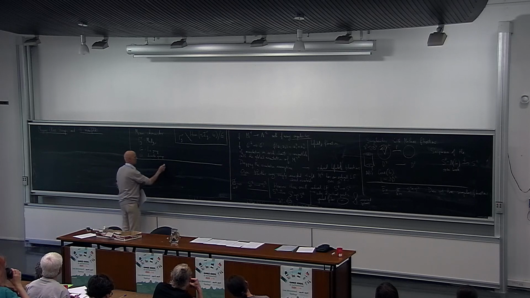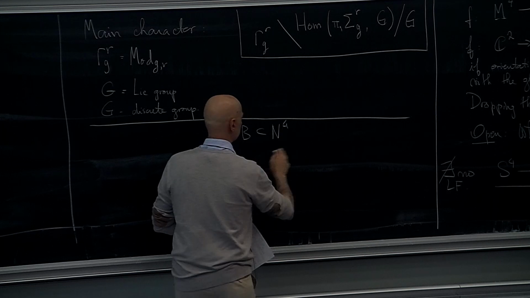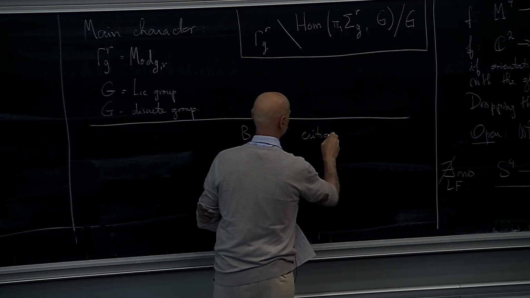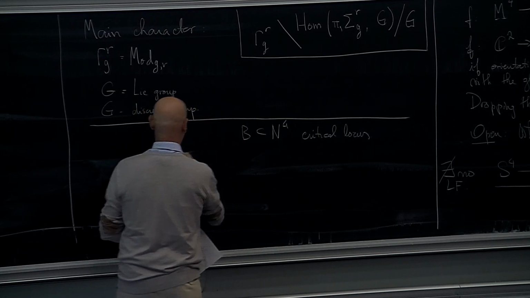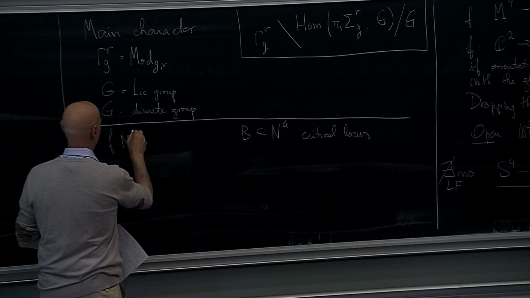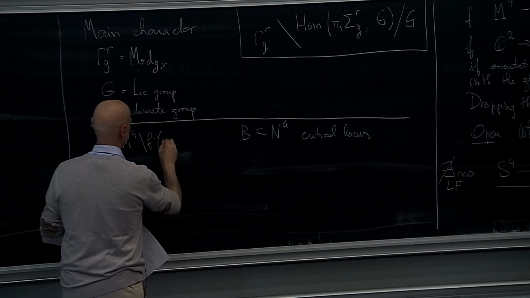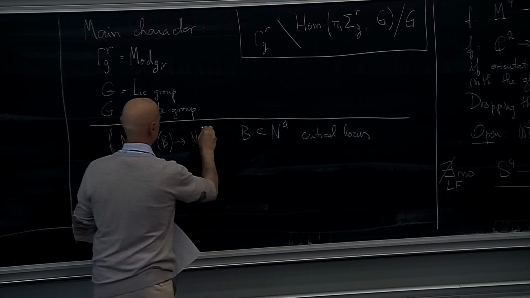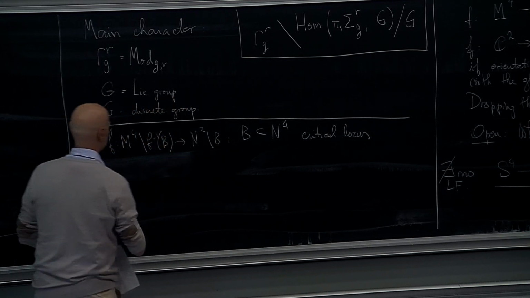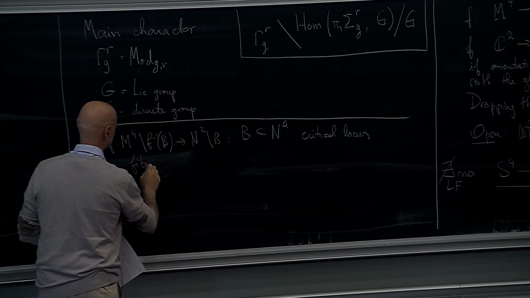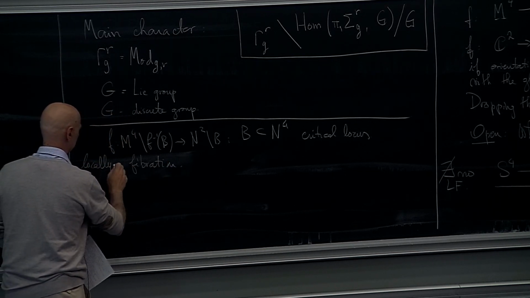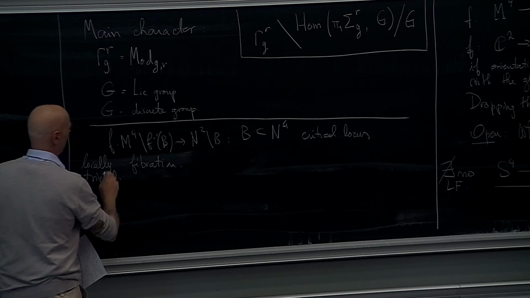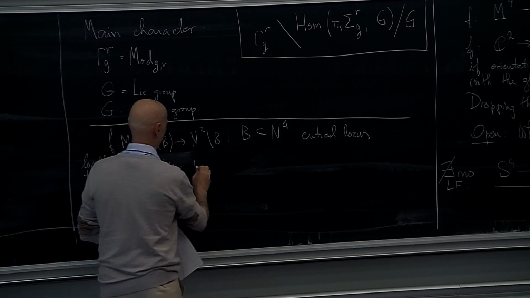Let's say B inside N2 is the critical locus, and you take F from M4 minus the inverse image of B into N2 minus B. This is a regular, locally trivial fibration, and this is, let's say, with fiber.